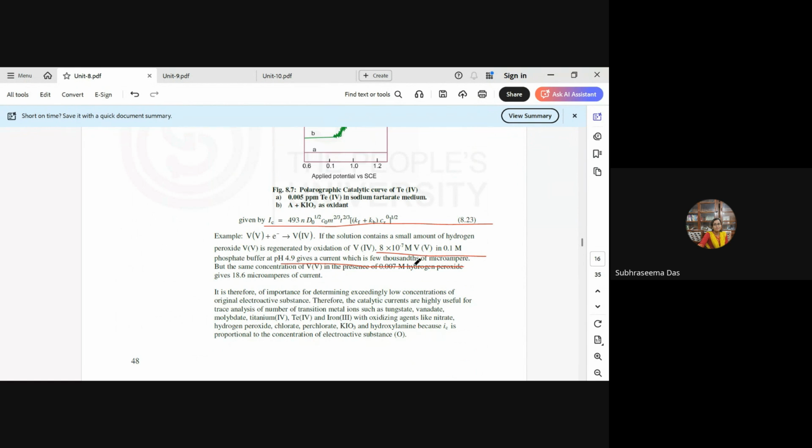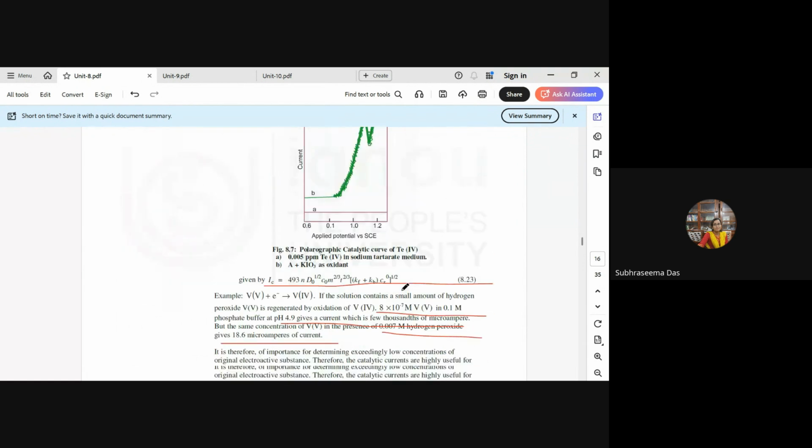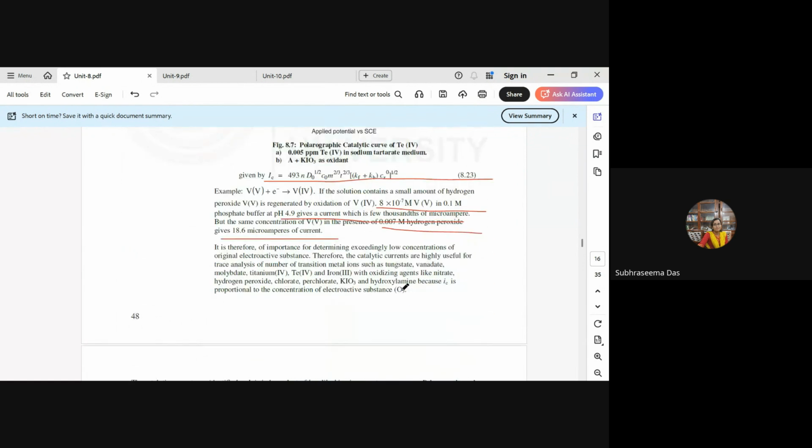But the same concentration of V(V) in the presence of 0.007 hydrogen peroxide gives 18 microamperes of current. So we see how the catalyst works, and what catalytic currents are.